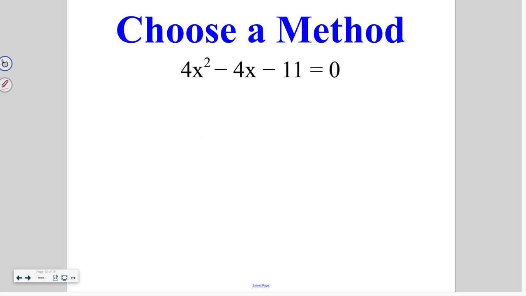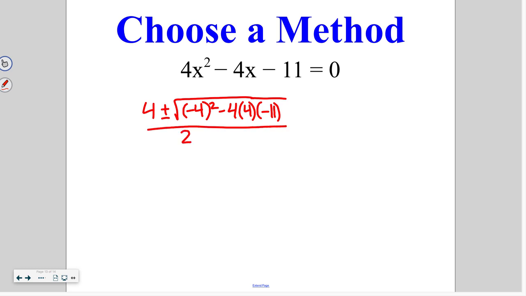Again, this works best when there is a leading coefficient other than 1, and it will work for all of the problems. So if you want to be consistent and just use the quadratic formula, that is fine unless it specifies that you have to use something otherwise. So I'm going to take the negative of b, which is positive 4, plus or minus the square root of b squared minus 4 times a times c, being careful that you have that negative with the 11, all over 2 times a.